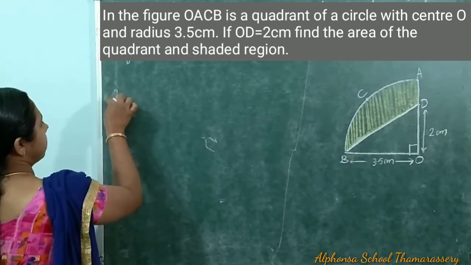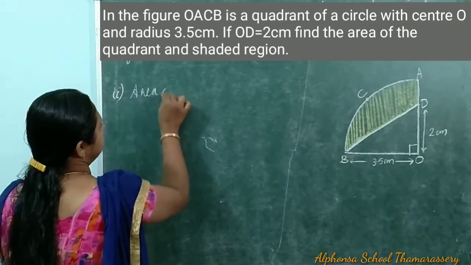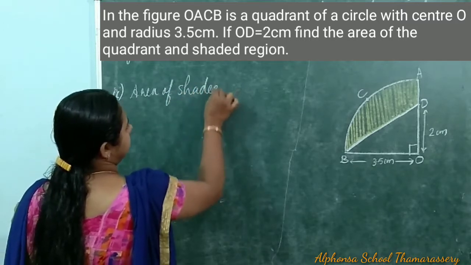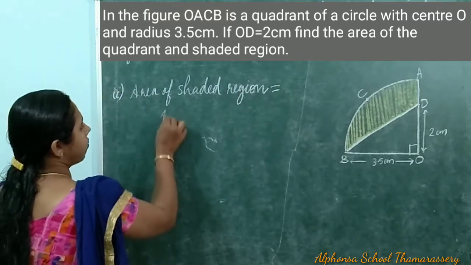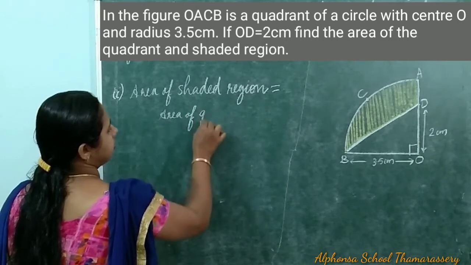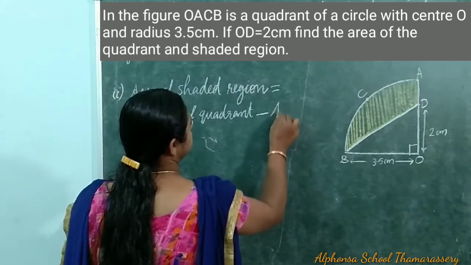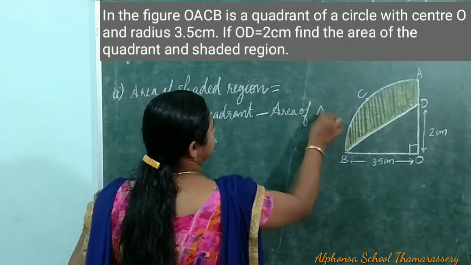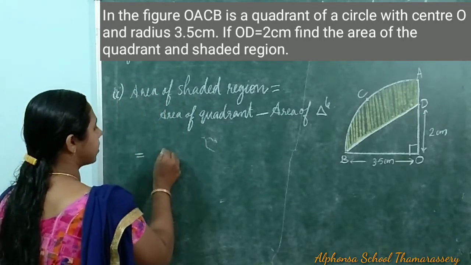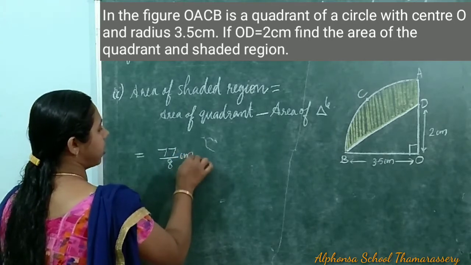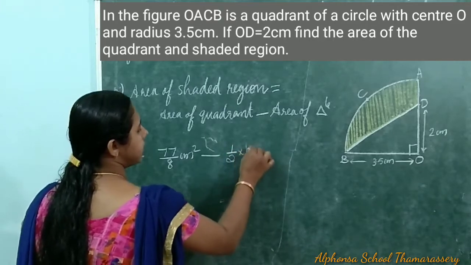So the second question answer: area of shaded region is equal to area of quadrant minus area of triangle. We know the area of the quadrant is 77 by 8 centimeter square, that we already found, minus area of triangle, that is half into base into height.